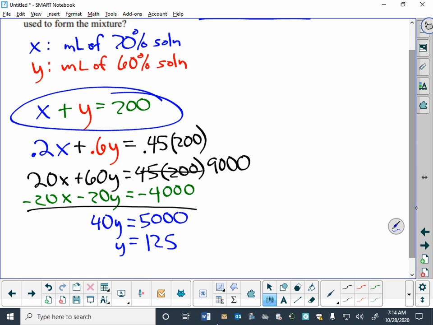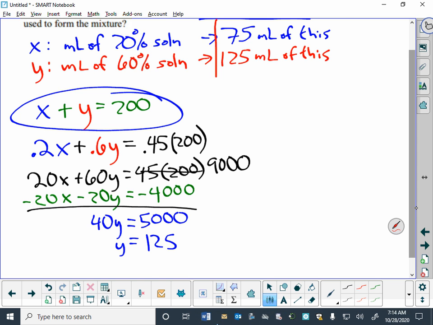So I need 75 milliliters of this, and 125 milliliters of the 60% solution. If I mix those together, I should end up with exactly 200 milliliters, obviously, and concentration is going to be 45% there.